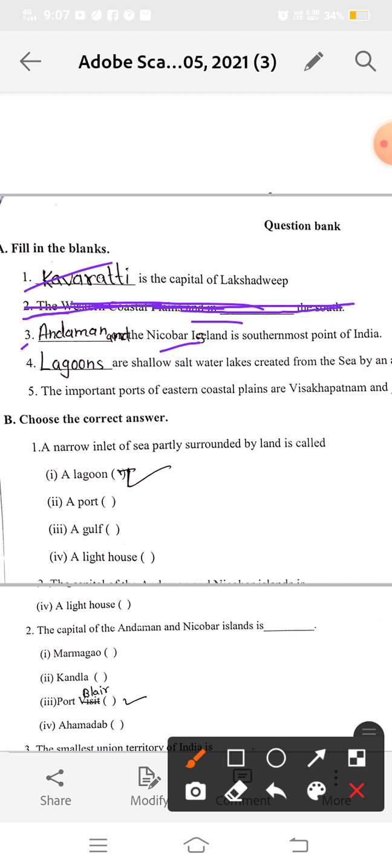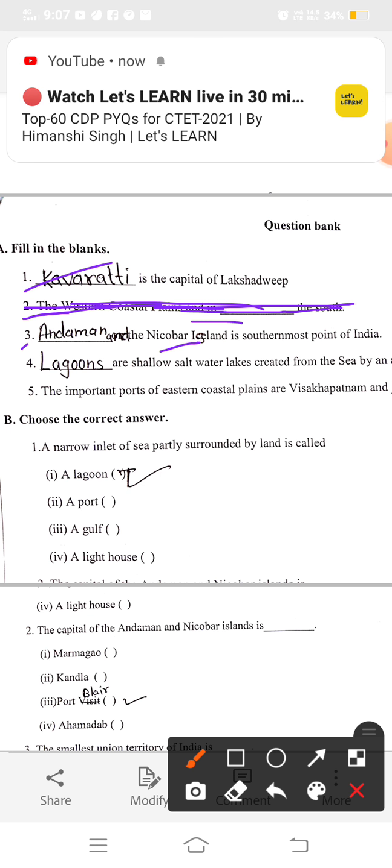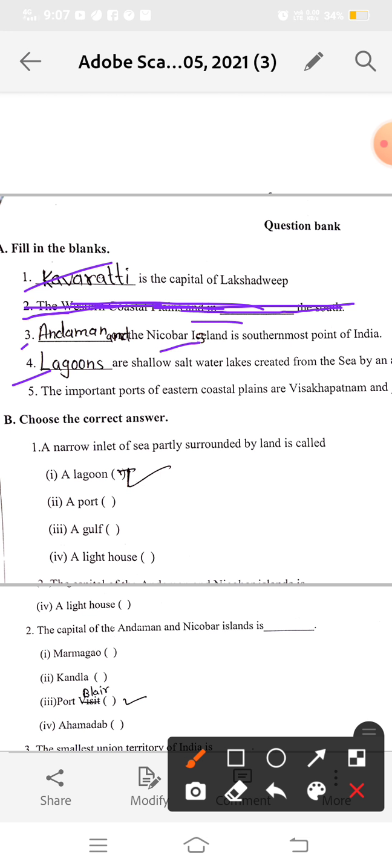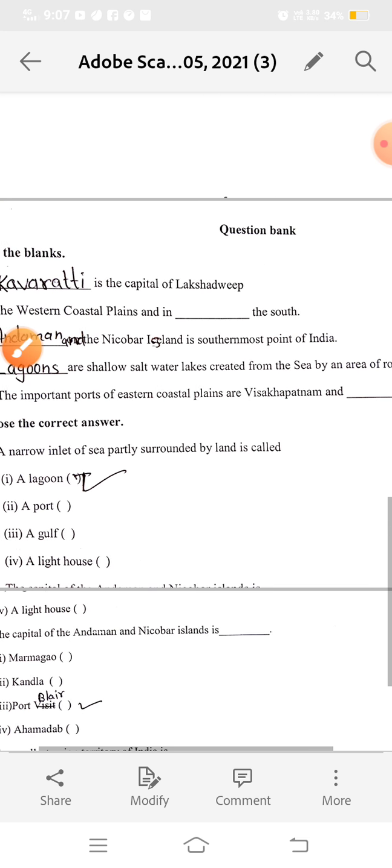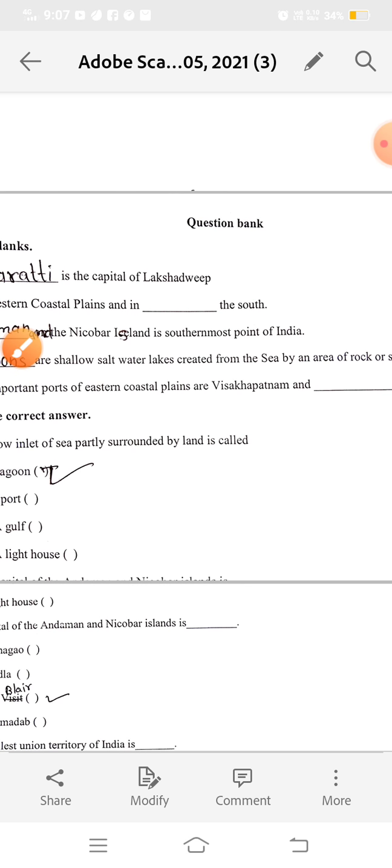I told you the Andaman and Nicobar Islands are known as the southernmost point of India, but it is far from the mainland of India. Now the fourth is, lagoons are shallow saltwater lakes separated from the sea by an area of rock or sand.